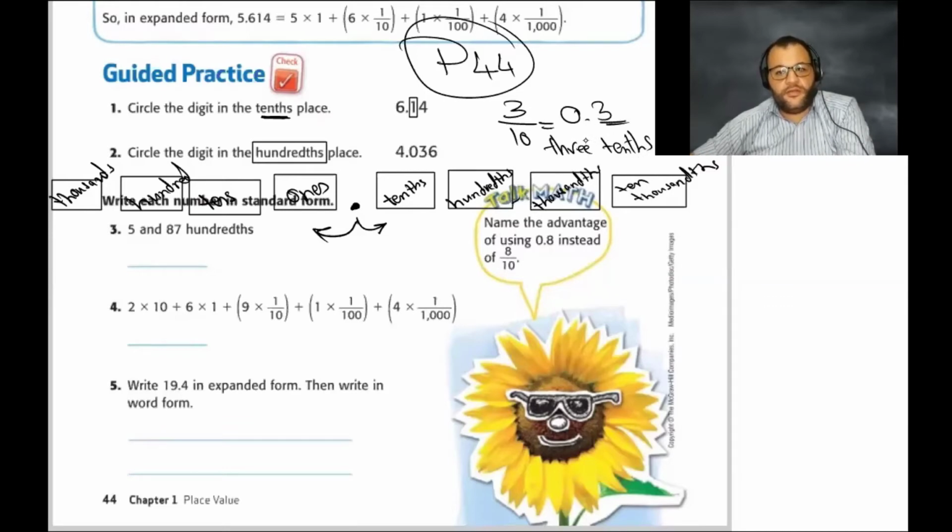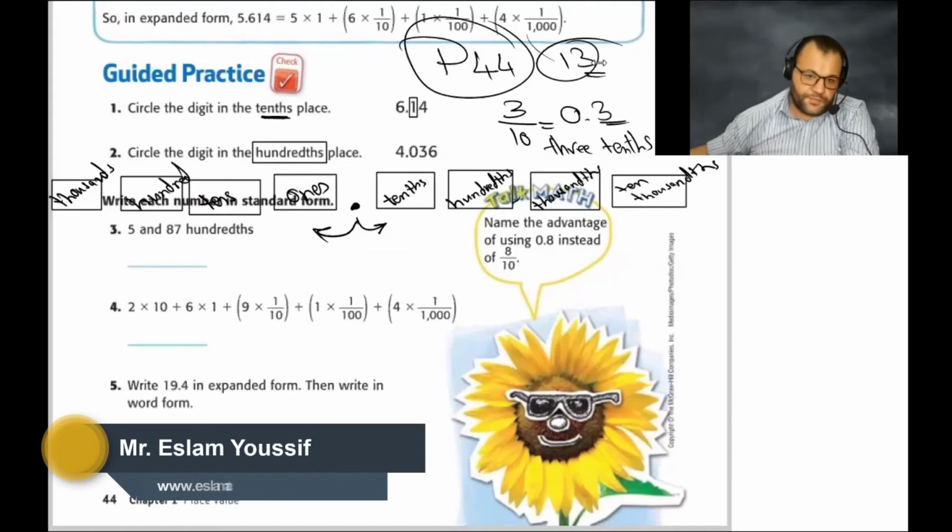It's tenths. Is that right? When I ask you 13, 3 here is in which place? There is 1. Is there any decimal? No. So the 3 in 13 is before the decimal, not after the decimal. The ones place is before the decimal. You understand it? Yes. Okay.